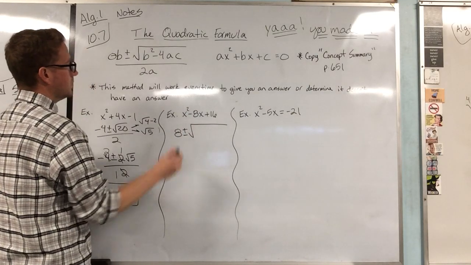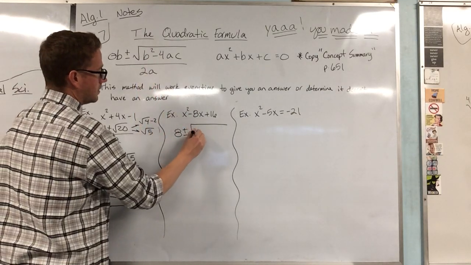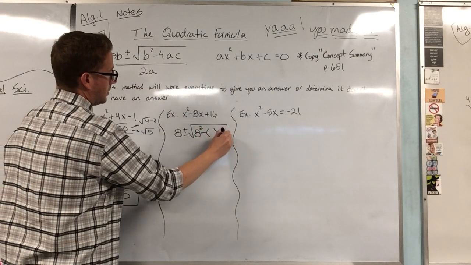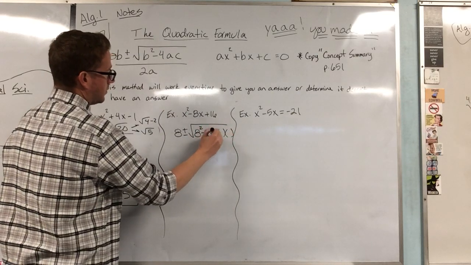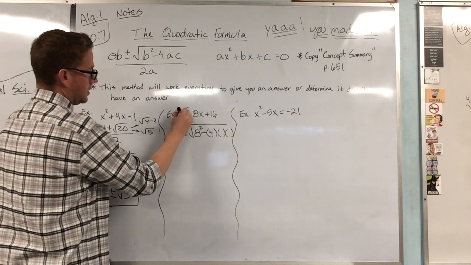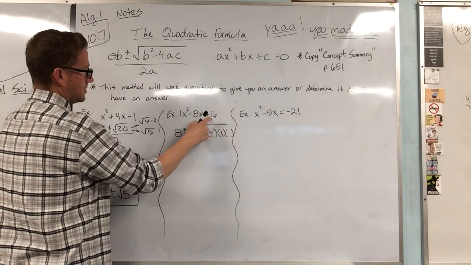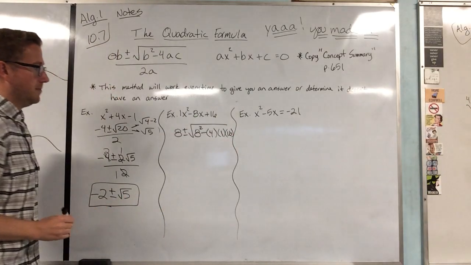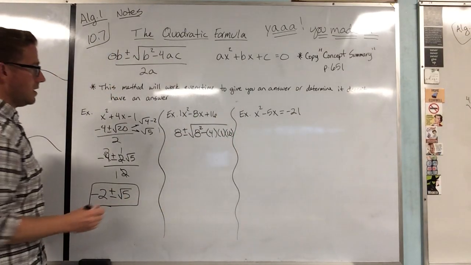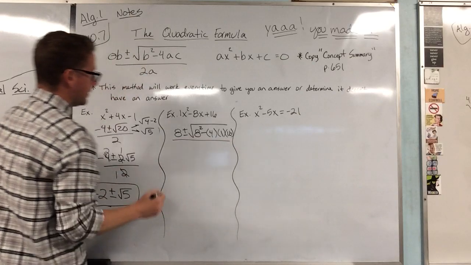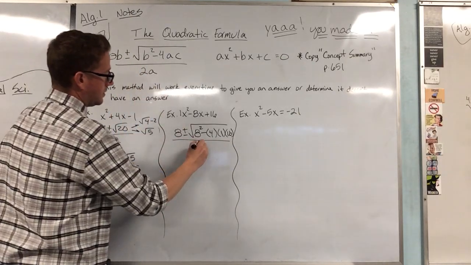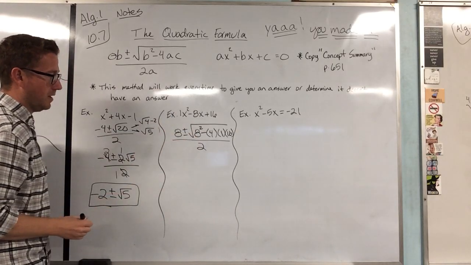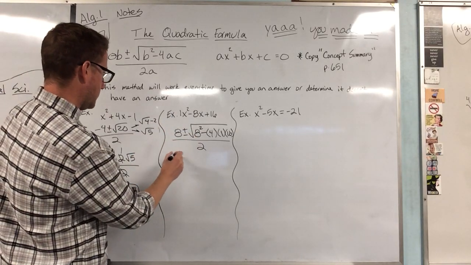Let's put the square root, and again we have b squared minus, and then I'm going to put all 3 in parentheses, 4. What's a? A is 1. And what's c? C is 16. Okay? So now, don't forget, all divided by 2 times a, which is just going to be 2, because 2 times 1 is 2.